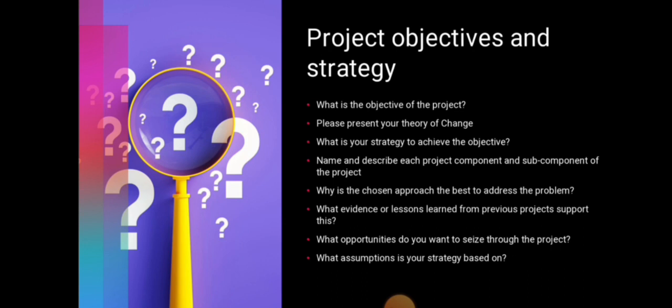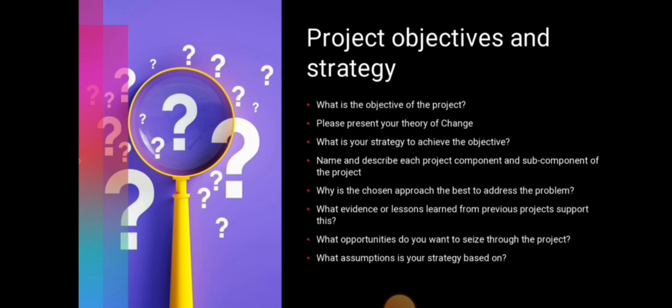And we have to name and describe each project component and the subcomponents of the project. So, what are the detailed outcomes, outputs, activities, targets, and indicators? These should be discussed briefly on this part.